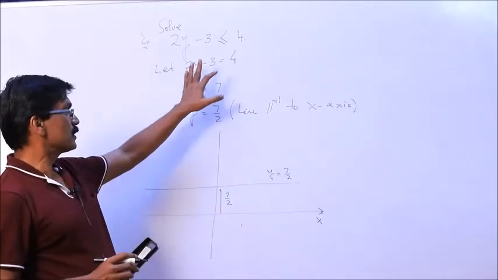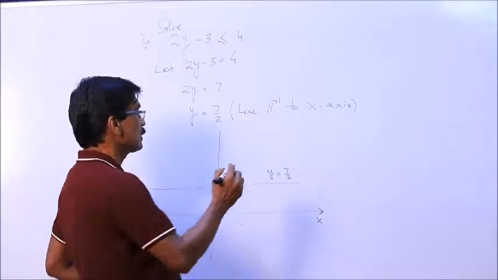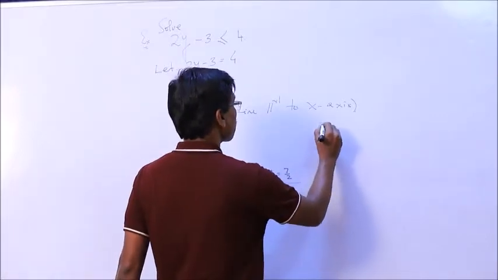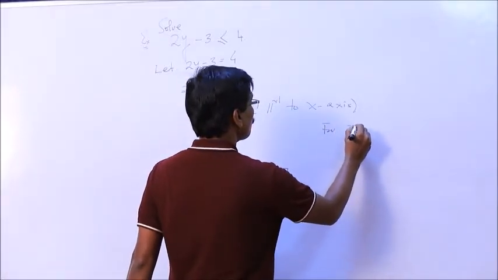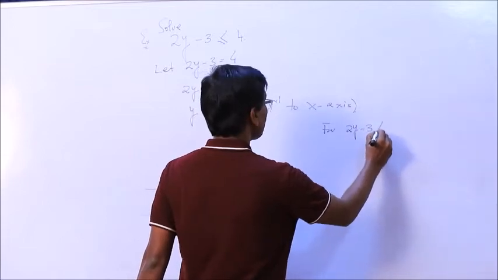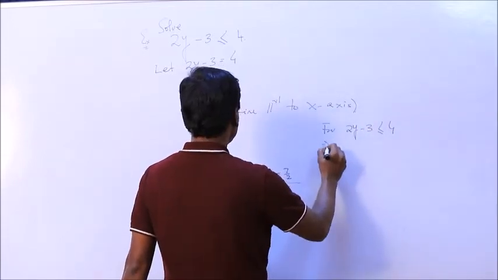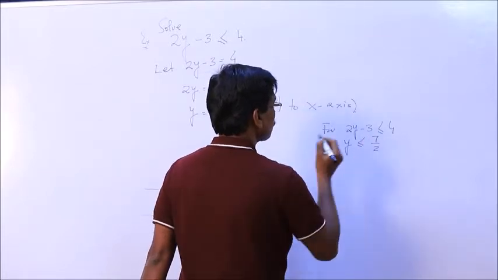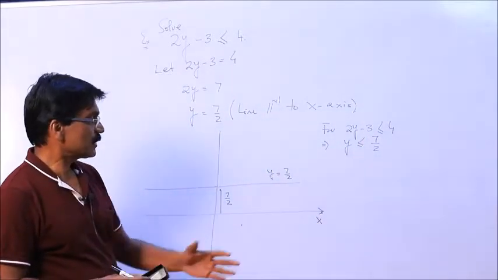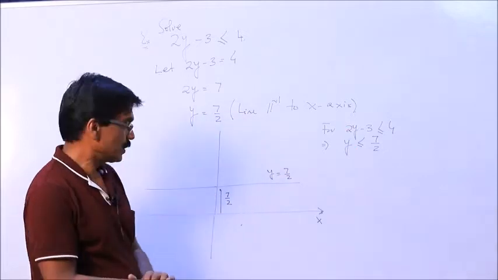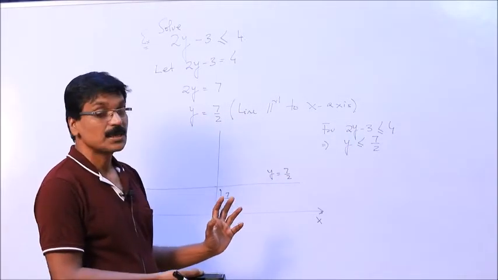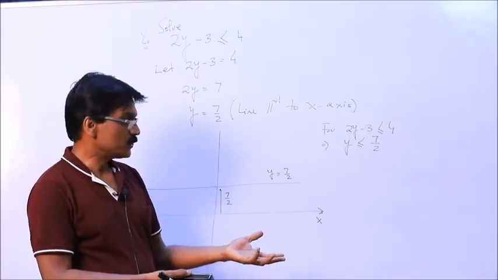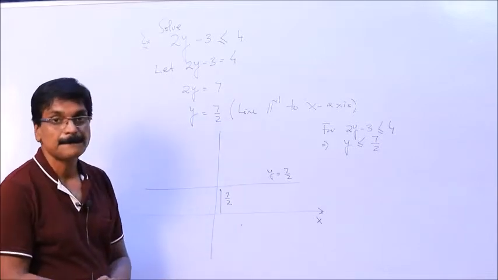And if we consider the inequality 2y minus 3 less than or equal to 4, this implies y less than or equal to 7 by 2. To solve this inequality, again we choose a reference point which is not on the line.